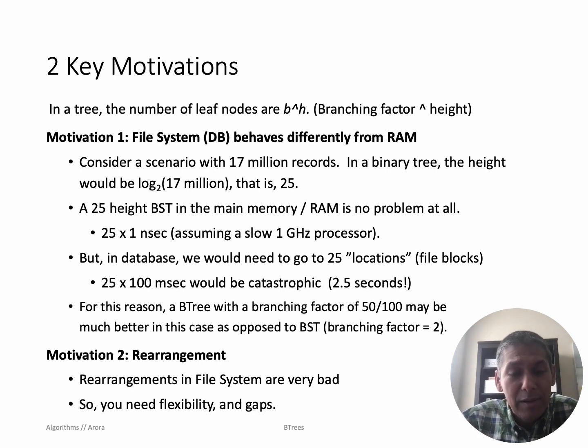Binary search trees are great, but they're great when we are talking about within memory. When you're starting to store things on the file system, it behaves differently from your random access memory. In a binary search tree, if you have a tree of height 25, that's not a problem. You're just simply going from one node to a child node to a child node.